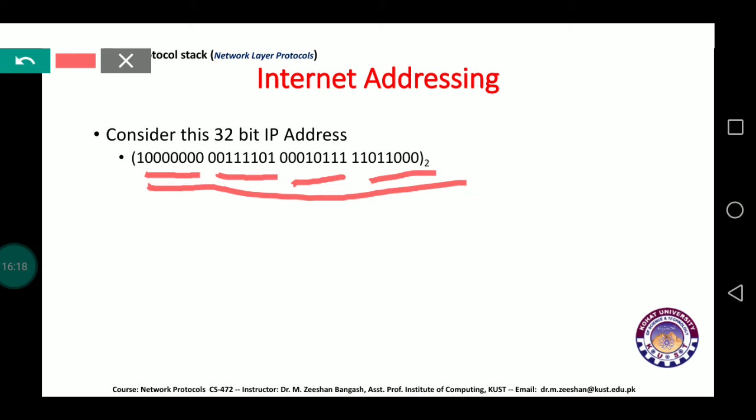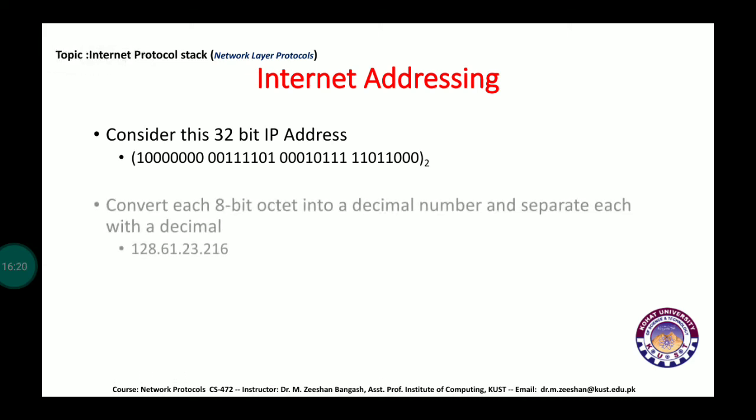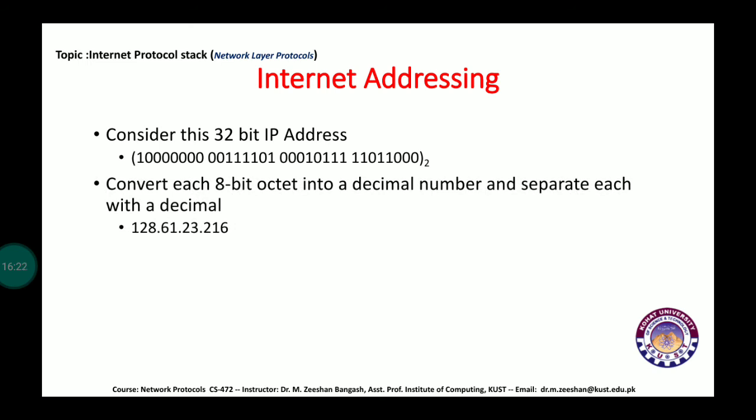Now if we want to convert this into a numeric or digital shape, each 8-bit octet is converted into a decimal number, and it can be represented as shown in the figure: 128.61.23.216.